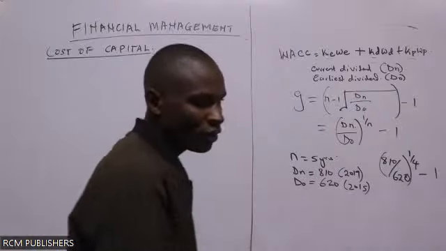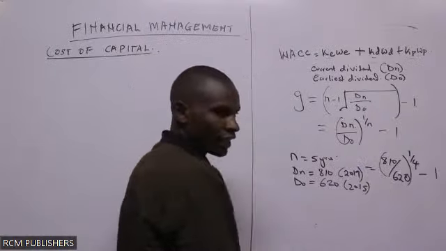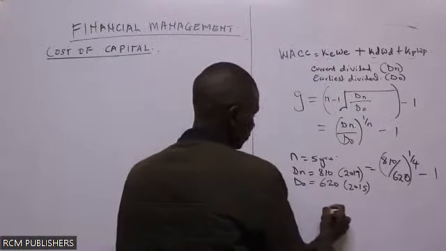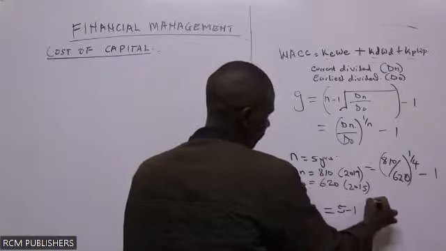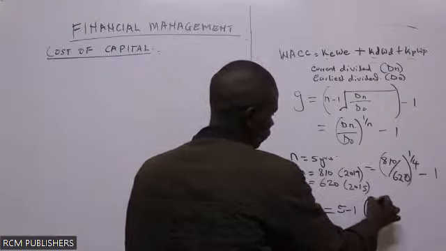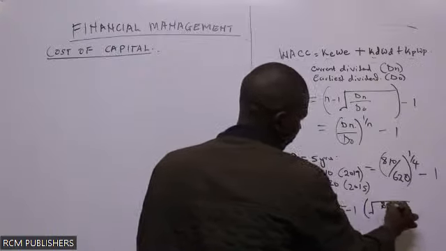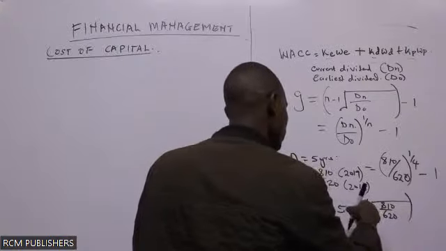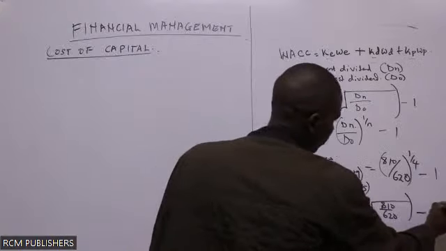One person can use that for growth. Another can use this one. Let's see whether it gives us the same thing. It's the square root of 810 divided by 620. You work out this one first, all this, then you minus 1.